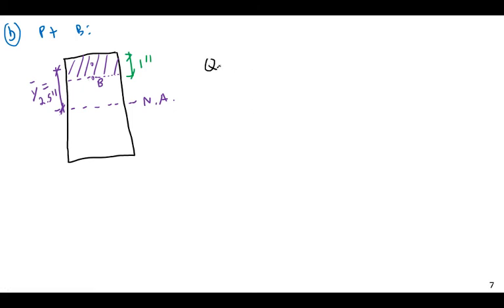So the only thing that's actually changing is Q. Actually, you know what? I still like using the Y bar A formula. So let me do that. Y bar is going to be 2.5 inches, and the area is going to be 4 inches times 1 inch here. And this is going to be equal to 10 inches cubed.